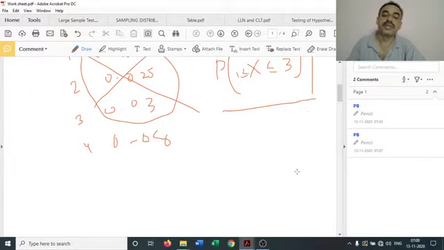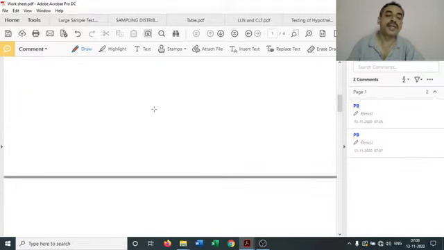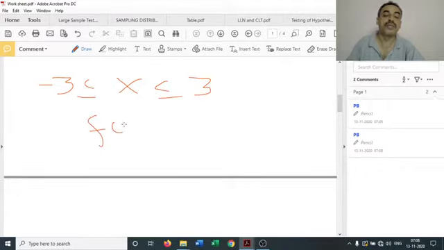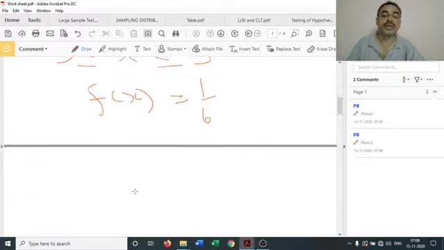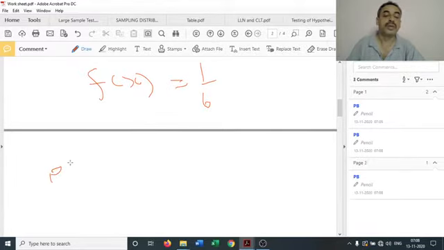Therefore, the essential information to find the probability of a random variable within any range is its density function. Likewise, if x is a continuous random variable, say x has a range of variation between -3 and +3, and suppose its density function f(x) is equal to 1 by 6. What is the probability of x between 1 and 2?